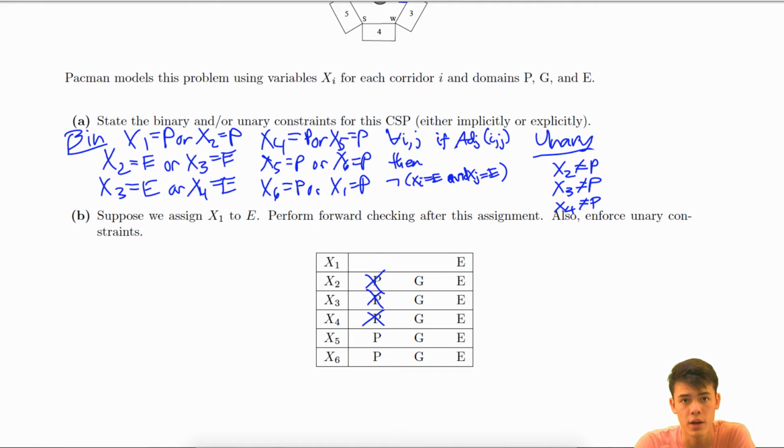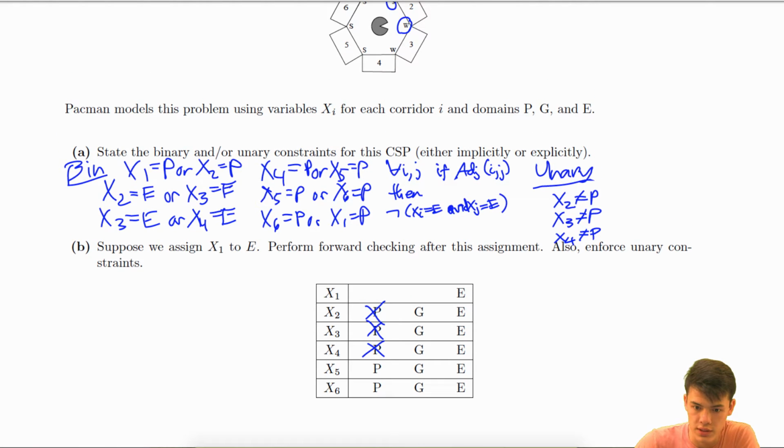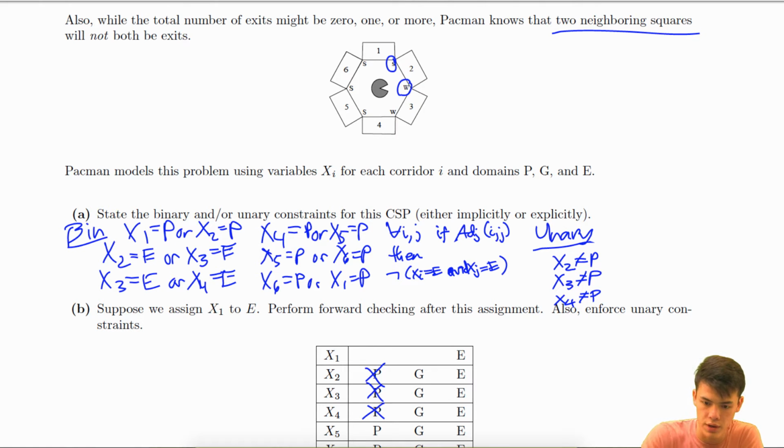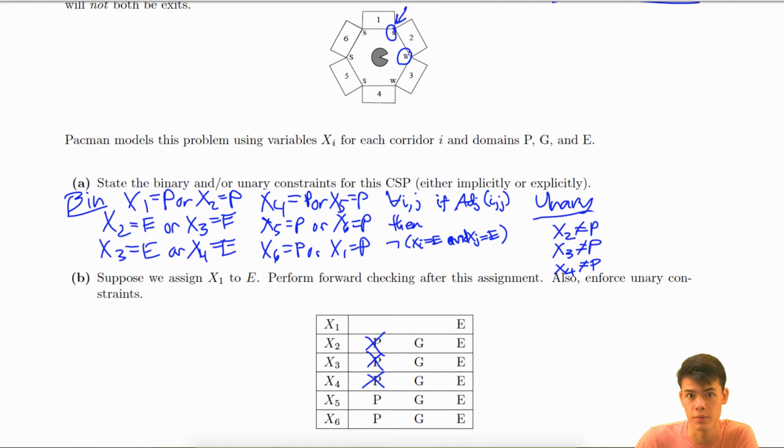So if x1 is E, which variables share a constraint with x1? Let's see. So x2 does, because x1 has to be a pit, or x2 has to be a pit, right? Because we sensed a strong breeze here. So that means that at least one of x1 and x2 has to be a pit.